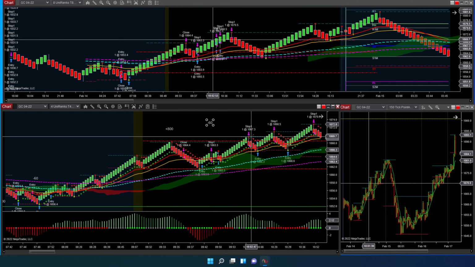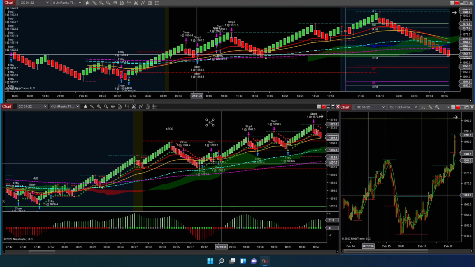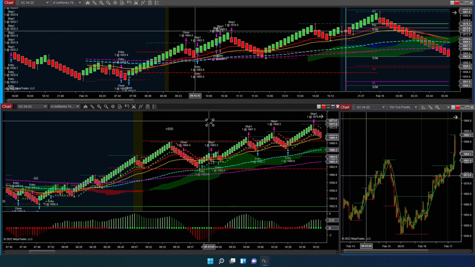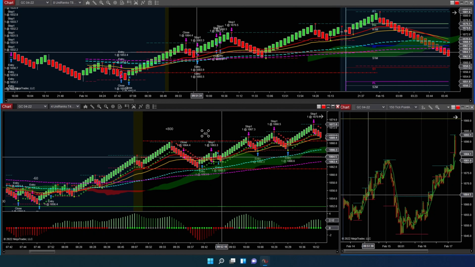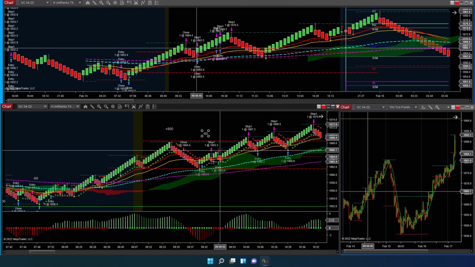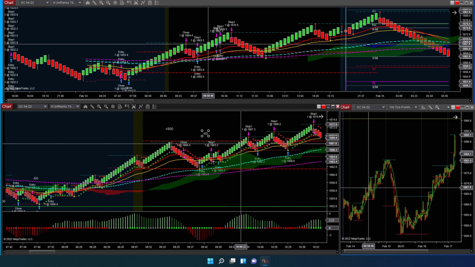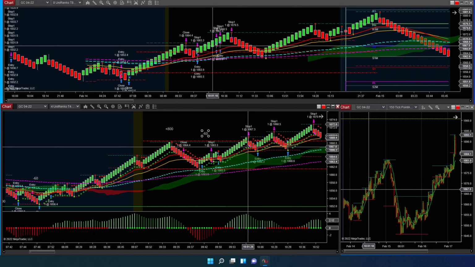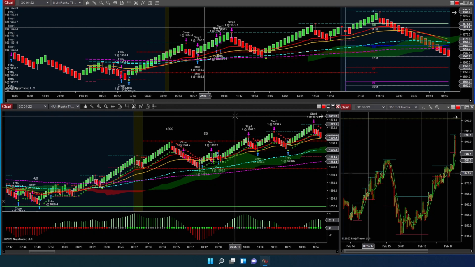So $60 loss there. Then I took another entry, and then another entry right here. There was a little bit of a hit, but then it came back up, and then I sold it right there. So this one is $180 profit.